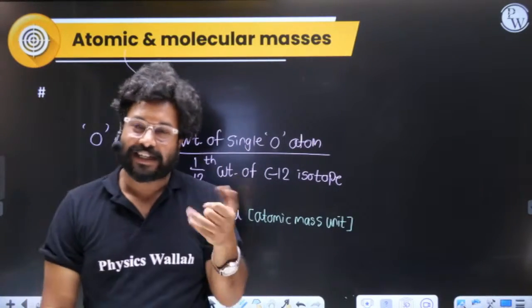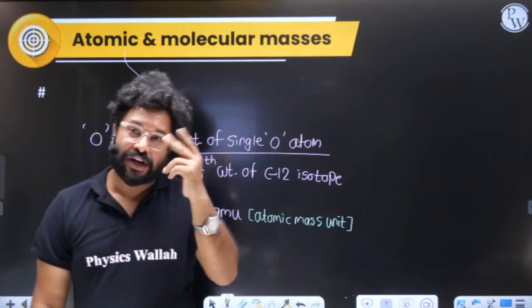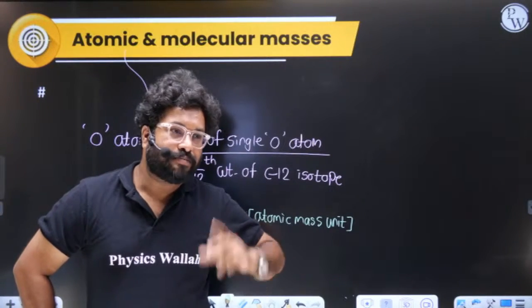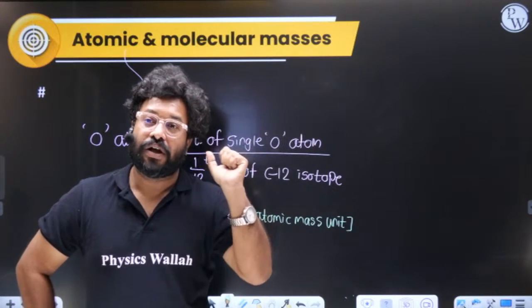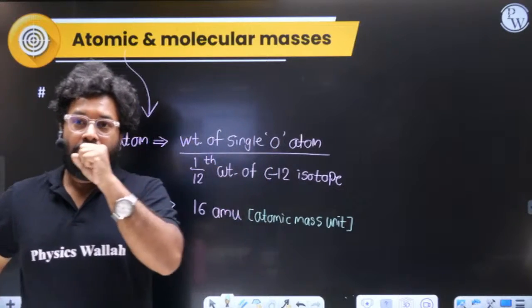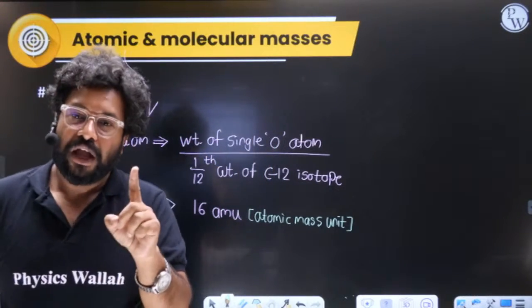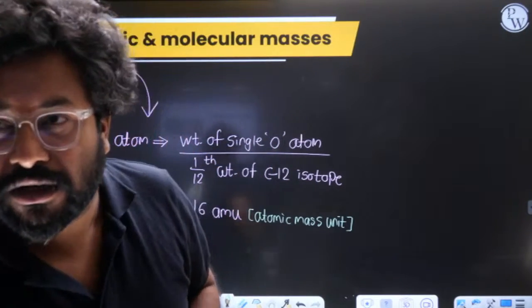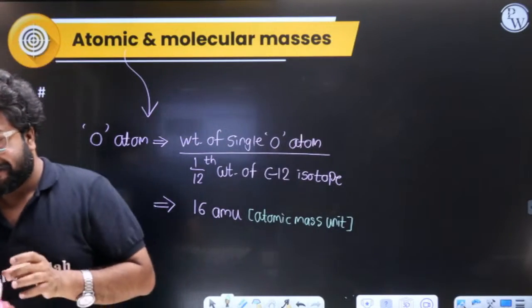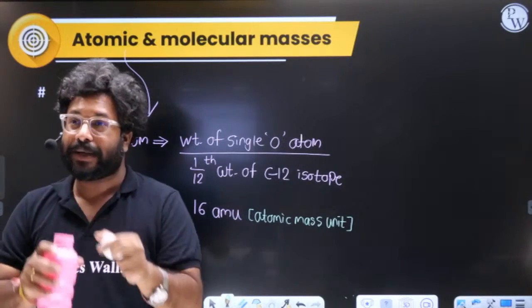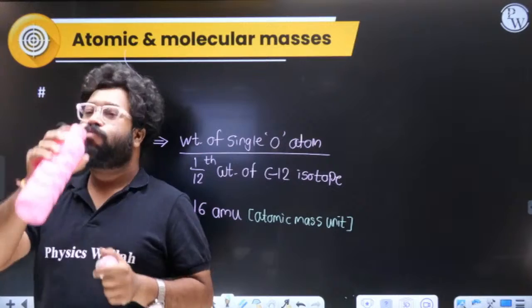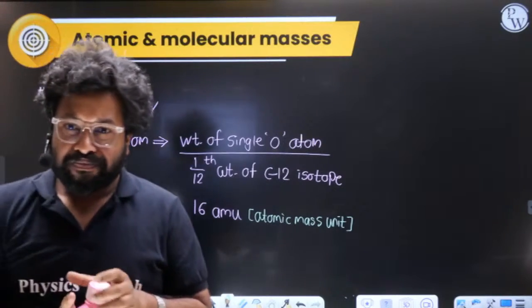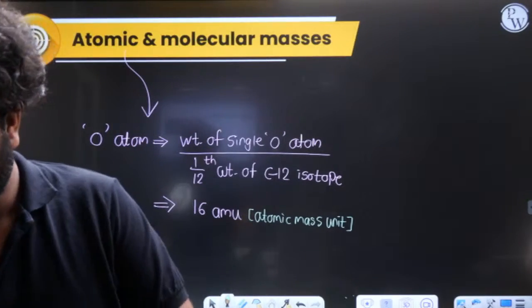That is not always the case. For example, if you take fluorine, the atomic mass of fluorine is 19 AMU, but the atomic number of fluorine is how much? Atomic number of fluorine is 9. So it is not always the case.